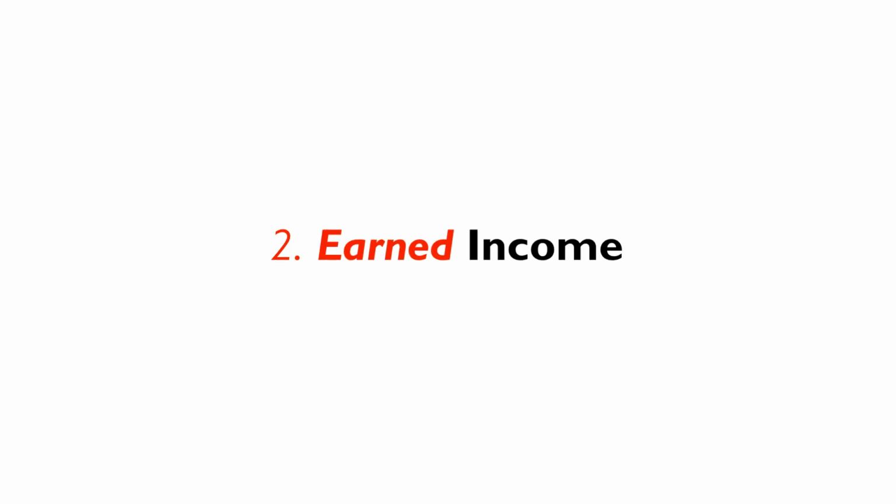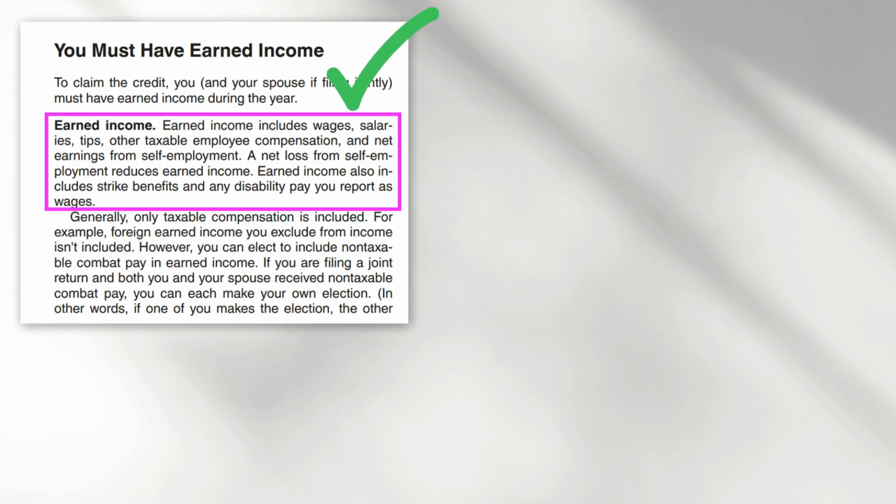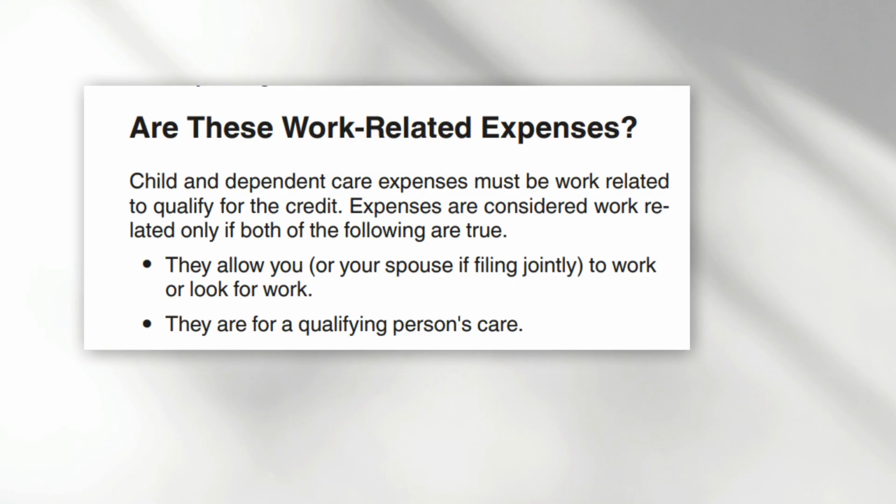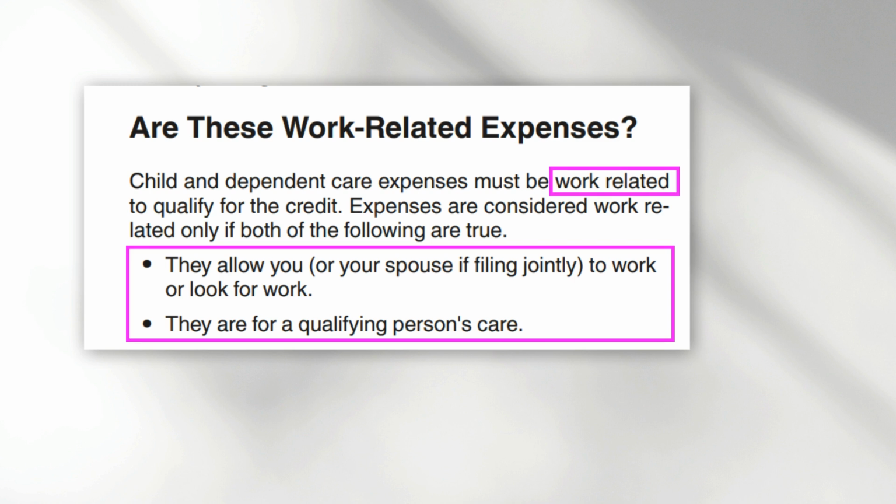You have to have earned income, such as wages, salary, or self-employment income, and it can't be less than the qualified dependent care expenses. You must pay child and dependent care expenses so that you, or your spouse if you are filing jointly, can work or look for work.